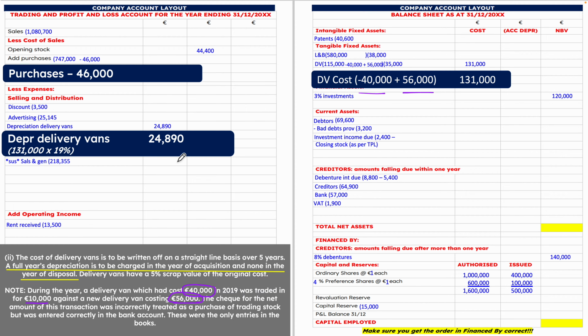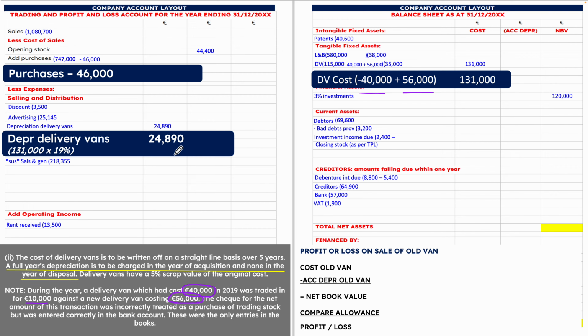Now, next we have to do the profit or loss on sale of the old van. So the cost on the old van, we have it as 40. But how long did we have it for? Well, we got it in 2019, and this year that we're doing the books for is 2023.